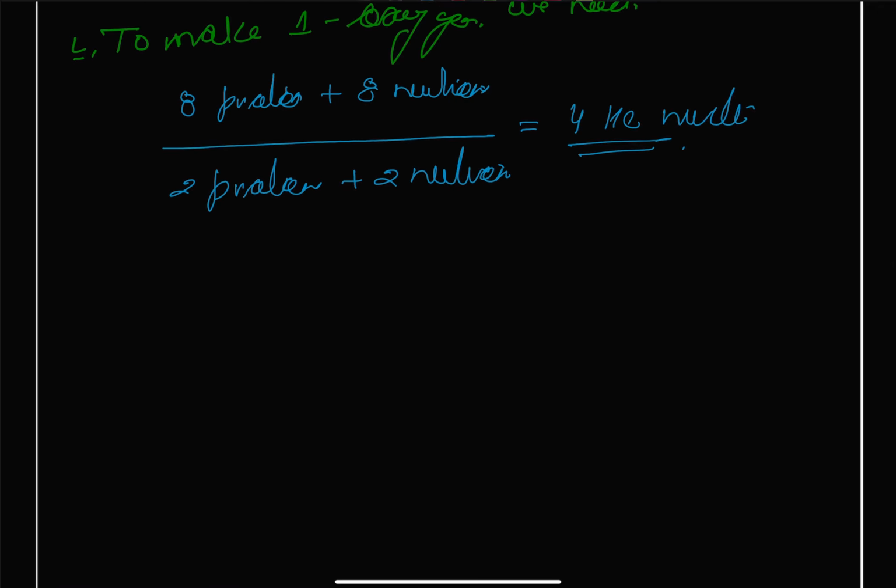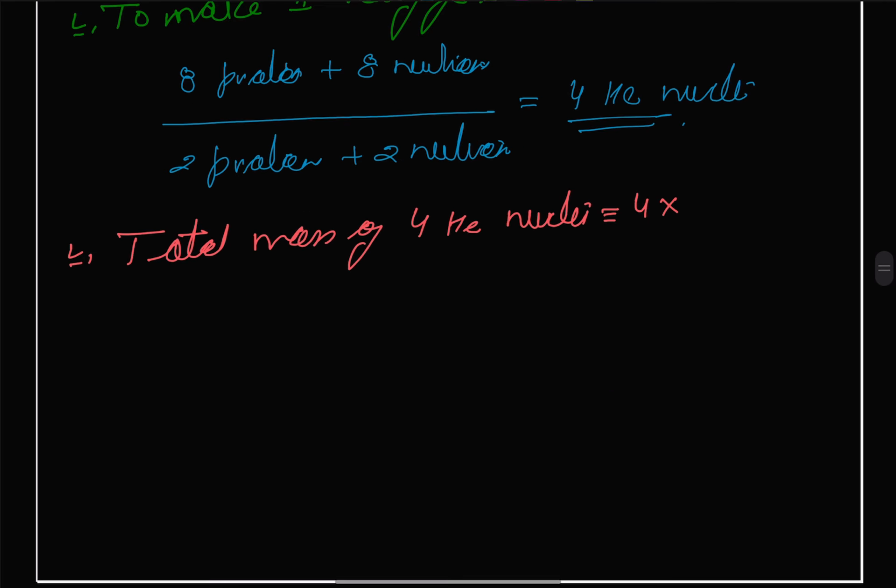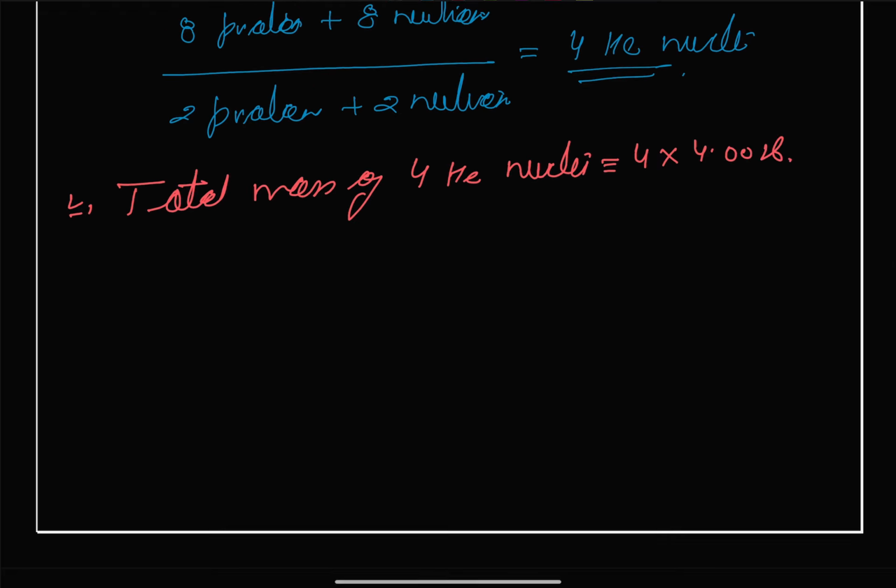The total mass of 4 helium nuclei will be equal to 4 times 4.0026, and this comes as 16.0104 AMU.